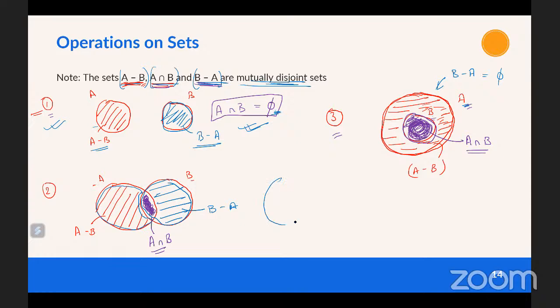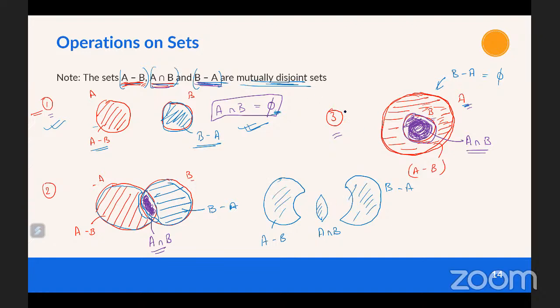So I'm drawing this part separately. What is this set? This is A minus B. Now this inside part, I'll draw again separately, which will be like this. So this is A intersection B. And the remaining part, this will be B minus A. So you see, these three sets, they have nothing in common. This set, and this set, they are disjoint.